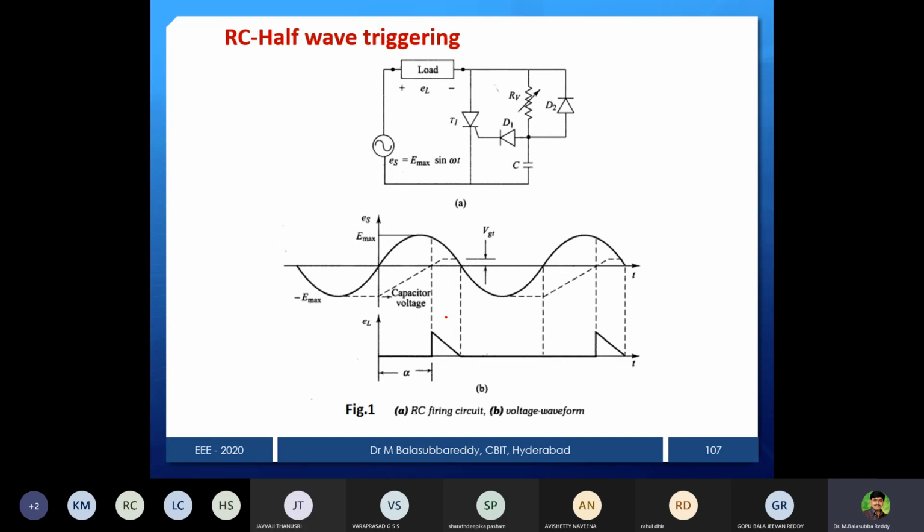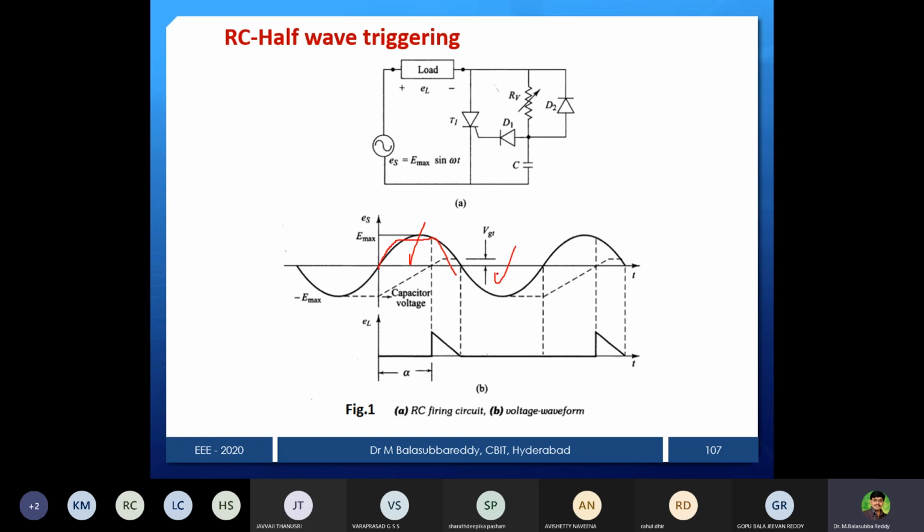Half wave means we are getting a pulse only during the positive half cycle, because we require positive. I want the negative half cycle also to give a pulse. Then what I have to do is make all half cycles into positive half cycles. If I keep an AC supply, you can see there is a positive and then a negative, but to get conduction I want only positive.